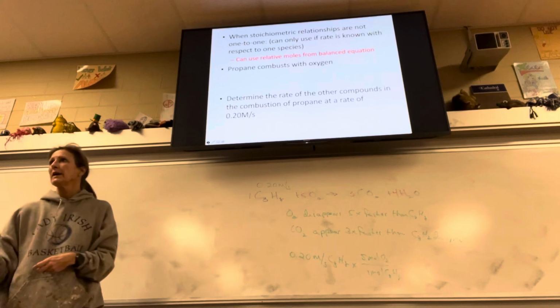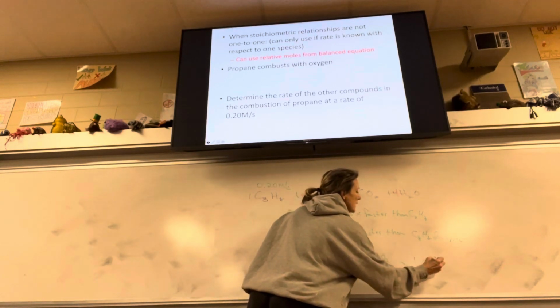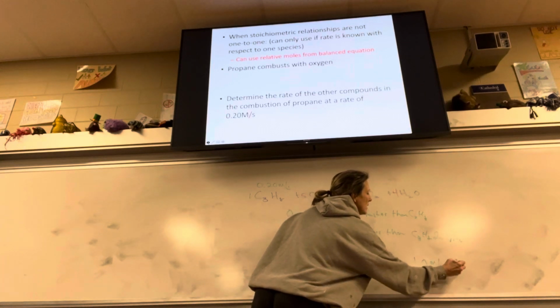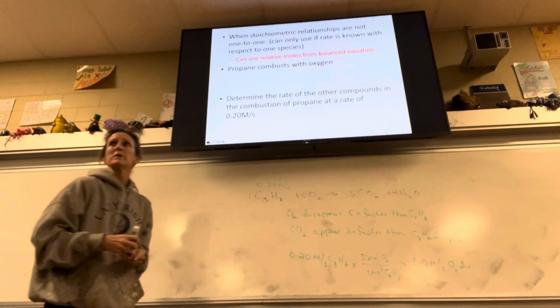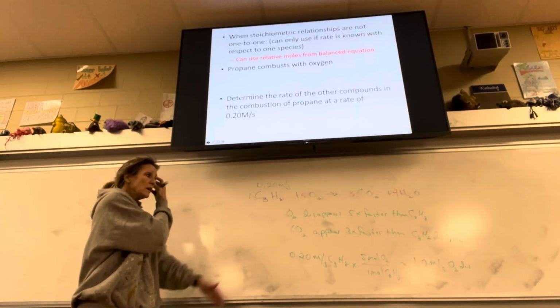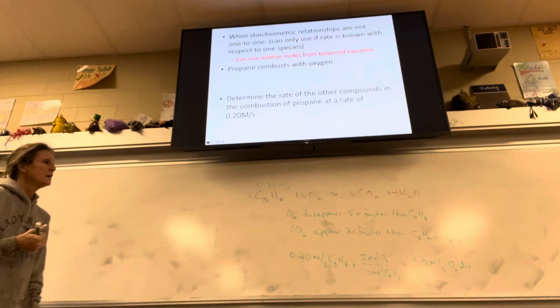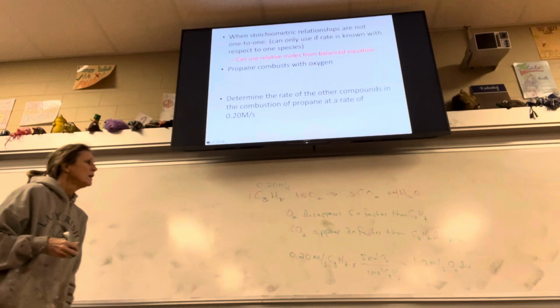Multiplying that by 5, the oxygen is going to disappear at a rate of 1 molar per second. Like we said up here, it's going to disappear 5 times faster than the propane based on the mole ratio.